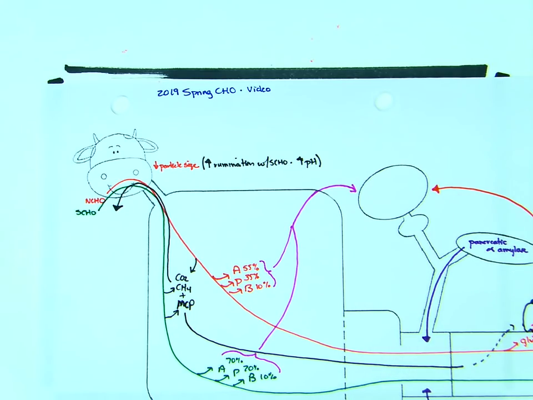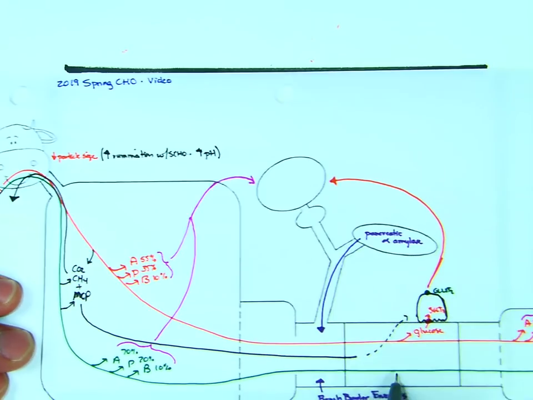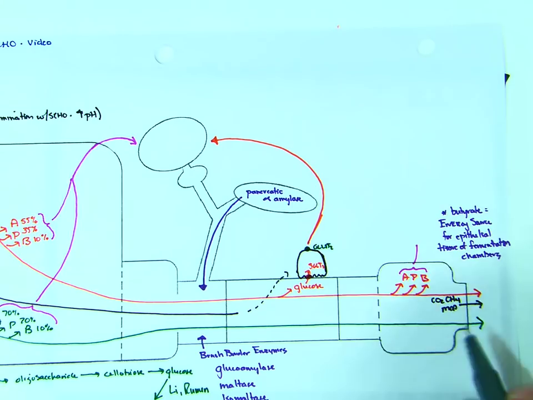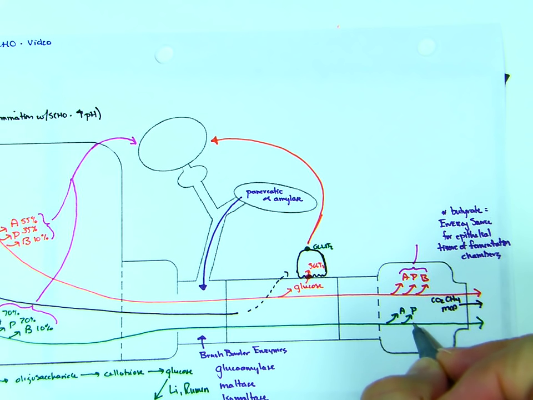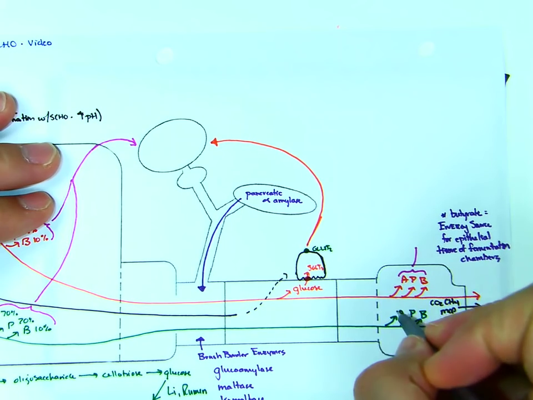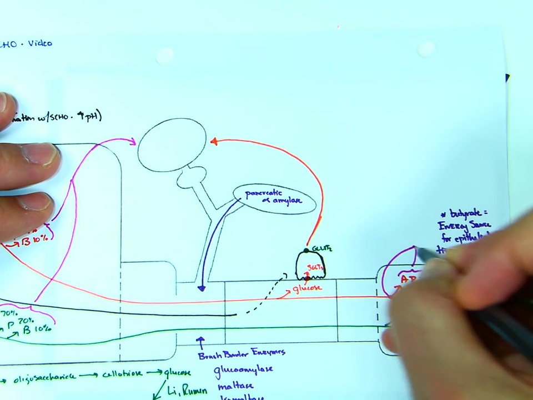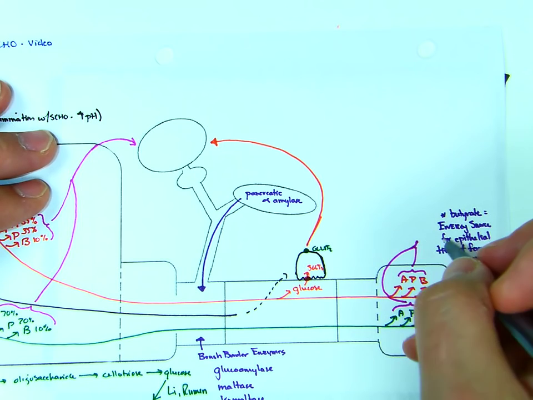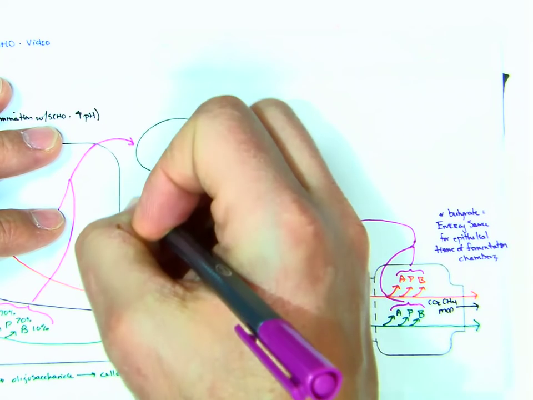Okay, so any fermentation chamber can do that. Rumen is going to be better at it because the feedstuffs have longer to be there. Nothing's going to happen in the small intestine. Nothing happening. We show up at the large intestine again: acetate, propionate, butyrate, CO2, MCP also getting produced. Both of these get absorbed, and they're also going to go to the liver.